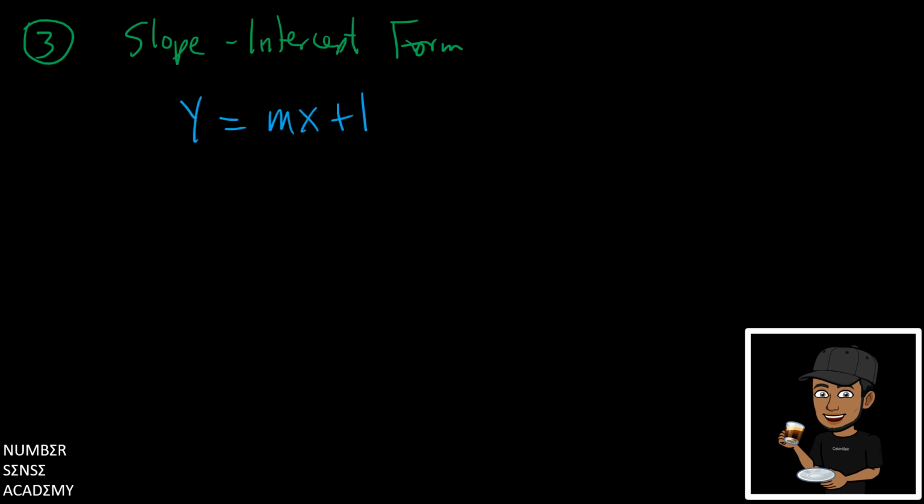The third way is what we call slope intercept form. And this, in my opinion, is the most valuable form. It's simply y equals mx plus b. Now, point slope form is a transition to get to slope intercept, and we'll look at some examples in another video of what that means.